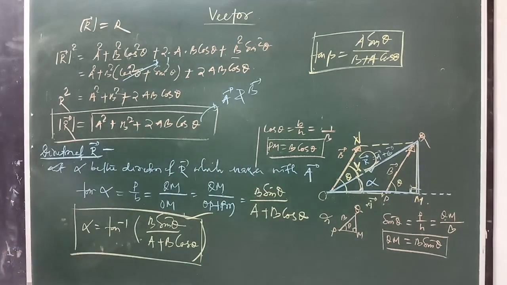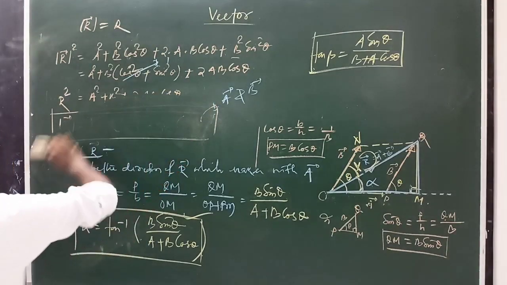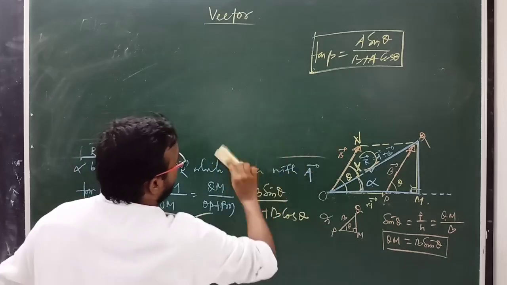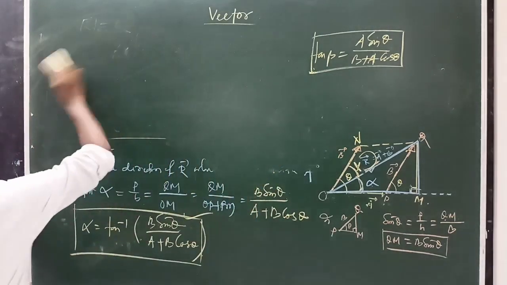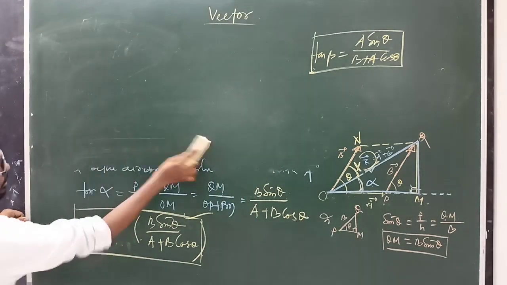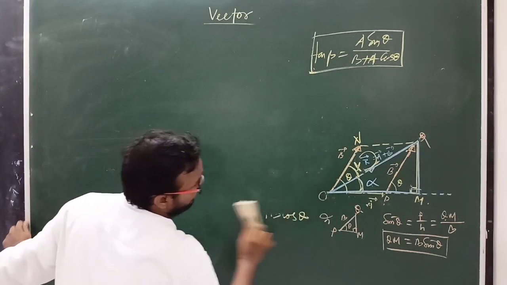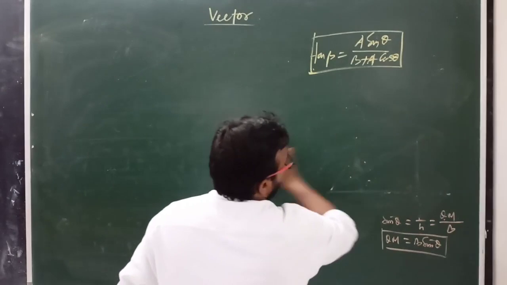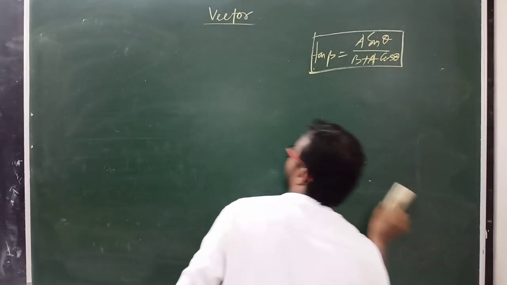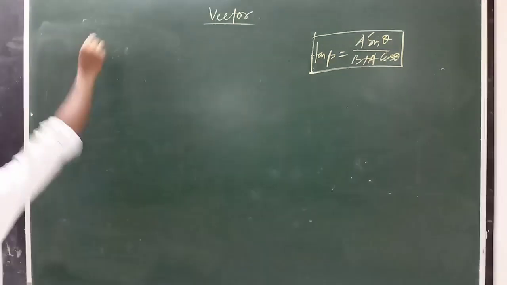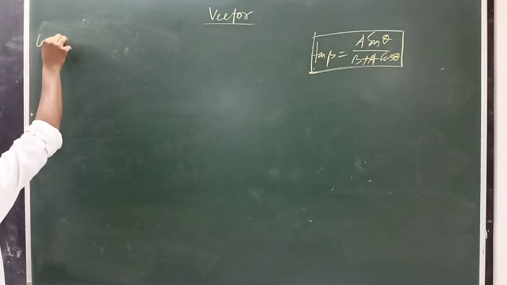Clear? So these are all about how to calculate magnitude and direction of resultant of two vectors by using parallelogram law of vector addition. Clear? But here there is some special case in parallelogram law of vector addition. What is the special case? Suppose we discuss case 1.